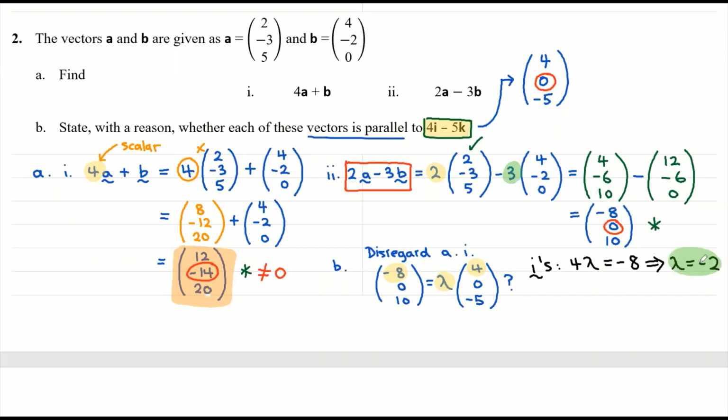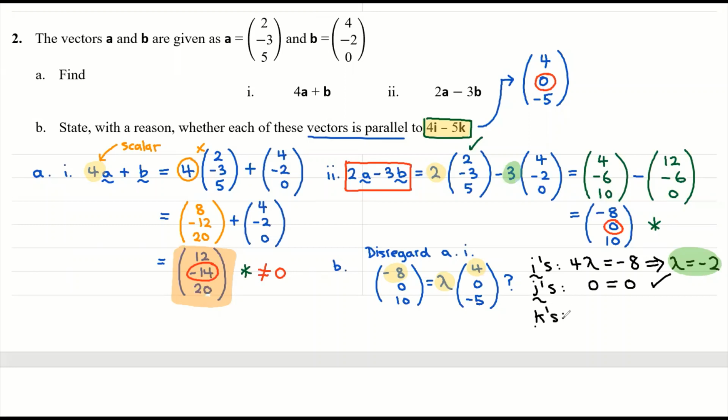So let's have a look at the j's now. Now the j's is a foregone conclusion because everything is 0. So we just get 0 equals 0. So that checks out. It doesn't really tell us anything. Or even you could just say lambda times 0 is equal to 0, but that's by the by. Now, the one we really need to check is the k component, okay, for each one.